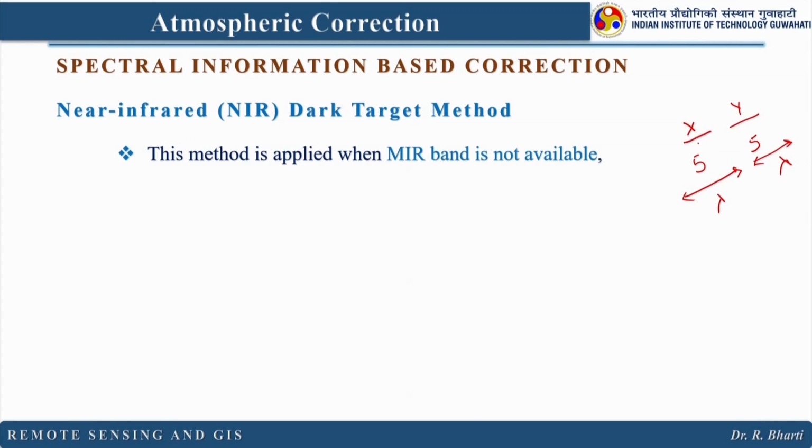If you are checking the X satellite and you see that 0.4 to 0.5 is your first band, then 0.5 to 0.6 is your second band, and 0.6 to 0.7 is your third band, right.